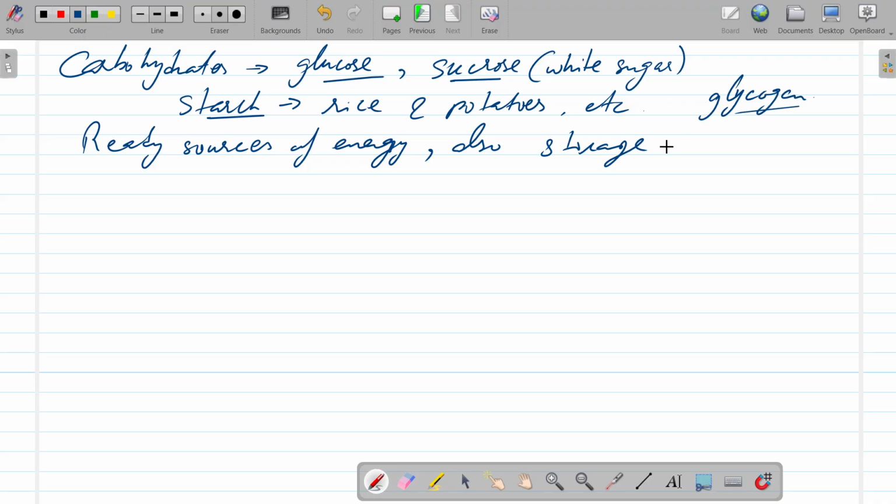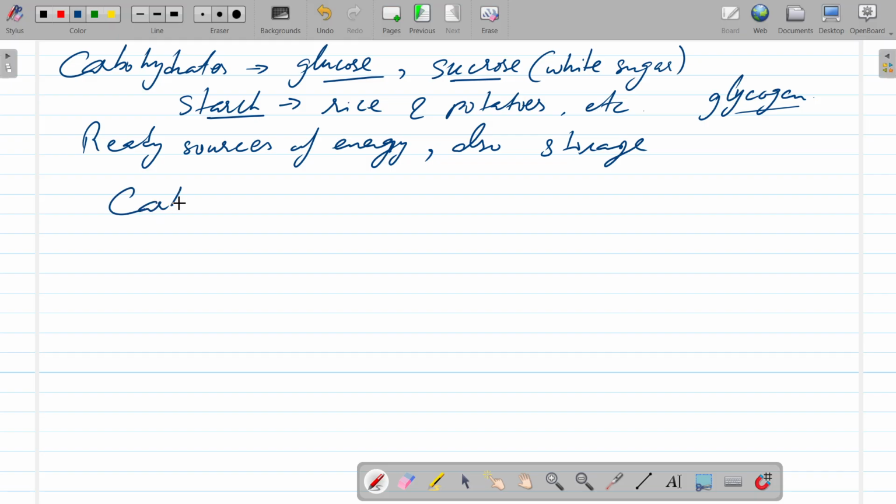But because there are so many more plants and they're part of the diet, as far as an energy source is concerned, they are ready sources of energy, and they're also a storage form of energy when required.